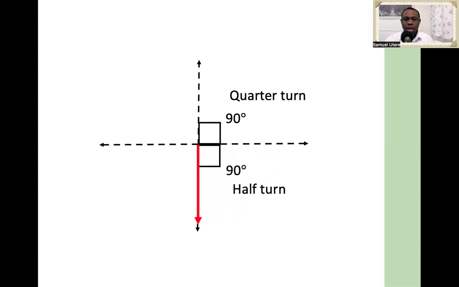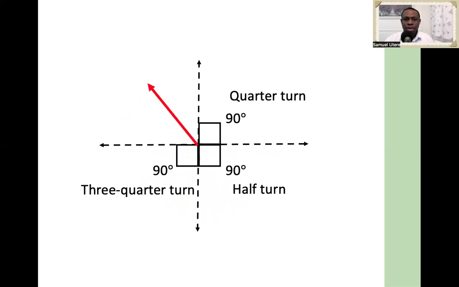If we draw another line and we complete another turn, we have just done 3/4 of a turn. And if we make another turn, we have just completed a full turn, which is 360 degrees. So a quarter of a turn is 90 degrees, half a turn is 180 degrees, 3/4 of a turn is 270 degrees, and a full turn is 360 degrees.